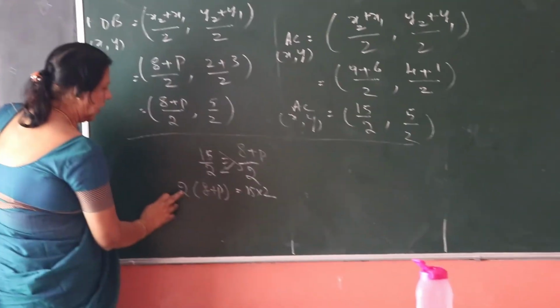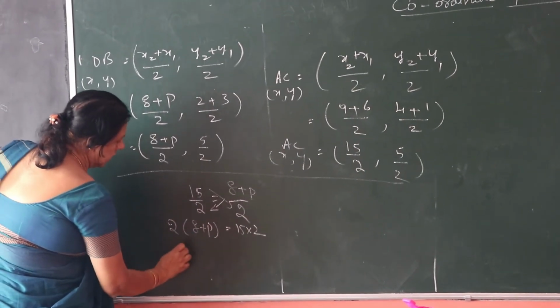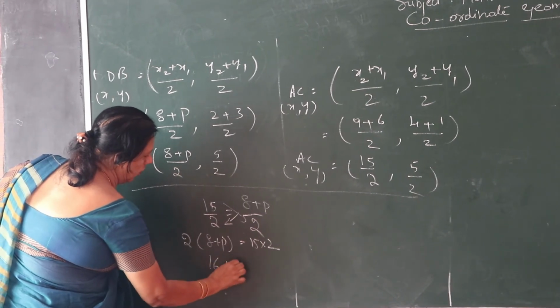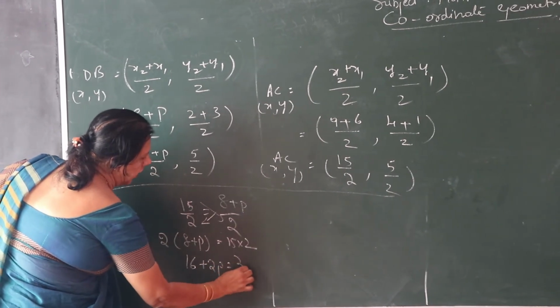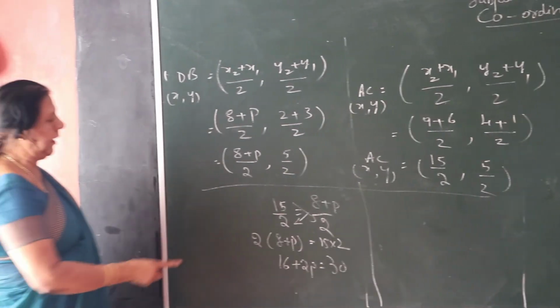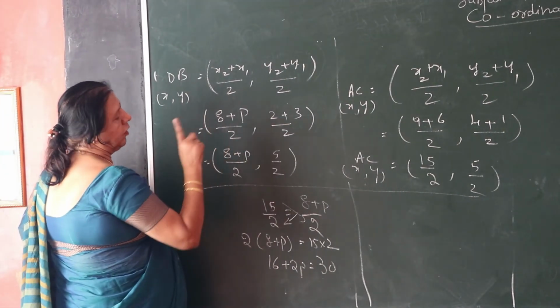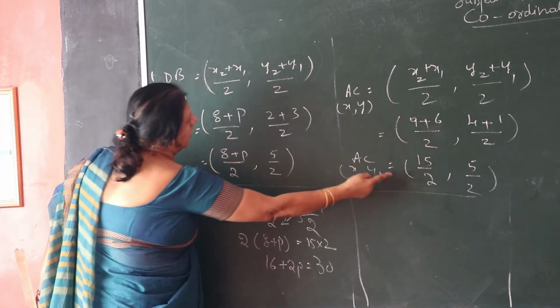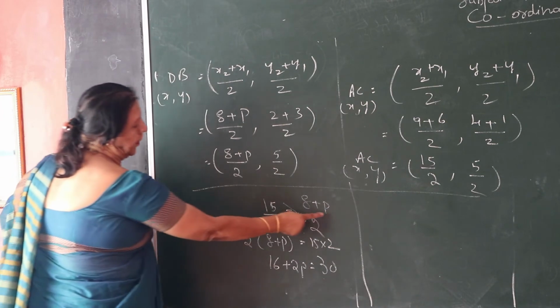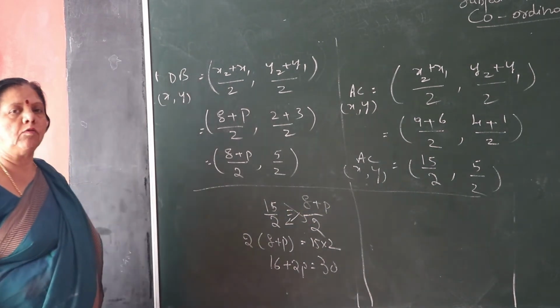So here 2 into 8, 16. 16 plus 2p is equal to 30. Follow, children. Here I equated x in one diagonal, and in another diagonal also I have taken x, because an unknown variable is there, we have to find out the value.